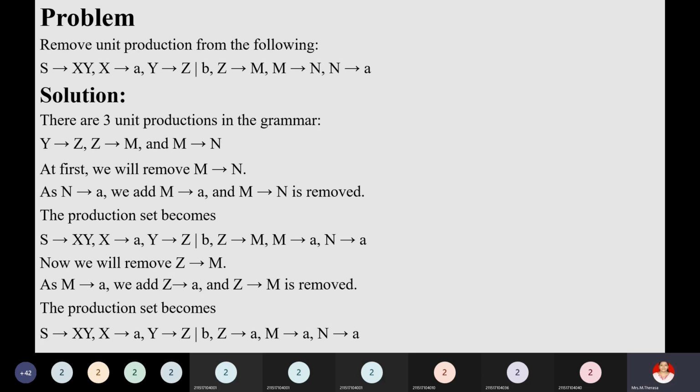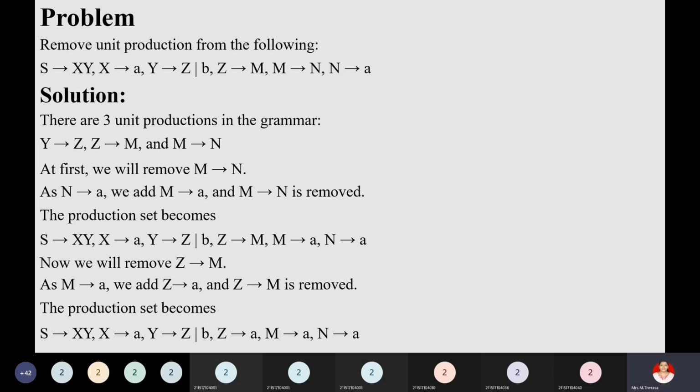So there are 3 unit productions in the grammar. As I said, Y tends to Z, Z tends to M, and M tends to N. At first, we'll remove M tends to N because you can see that N tends to A is given. So you can remove this M tends to N. Instead of that, you can write M tends to A. Okay.